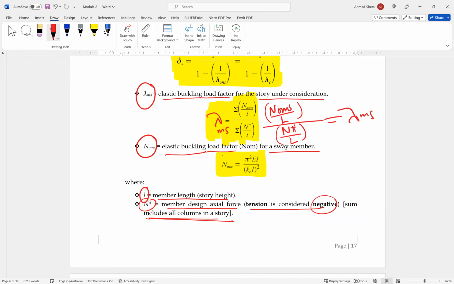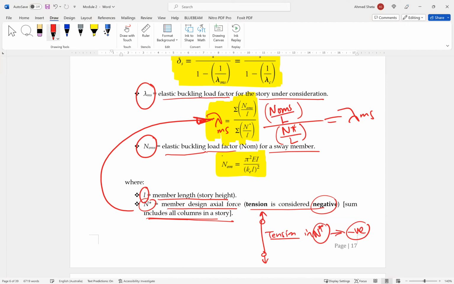So N star in this equation: if a column is under tension force, in the N star calculation this should be taken as negative, so it will be subtracted, not added.